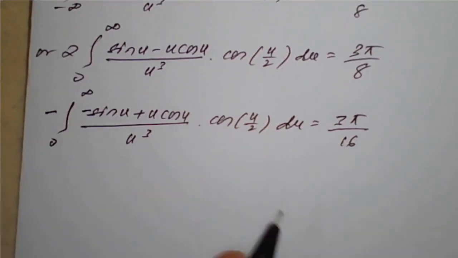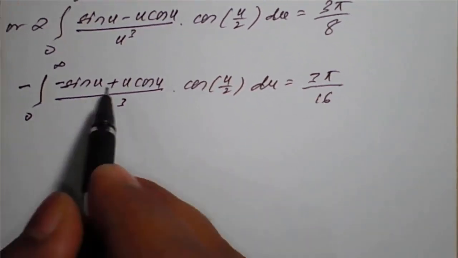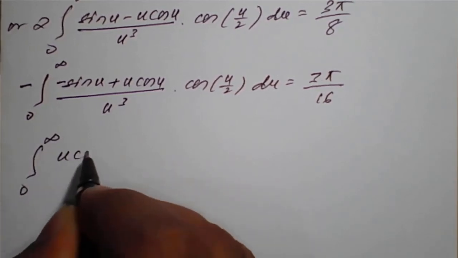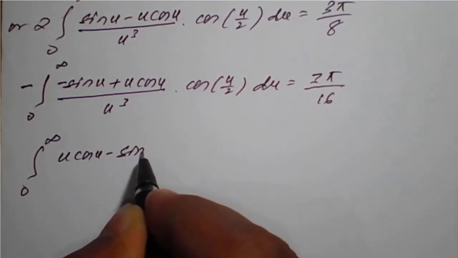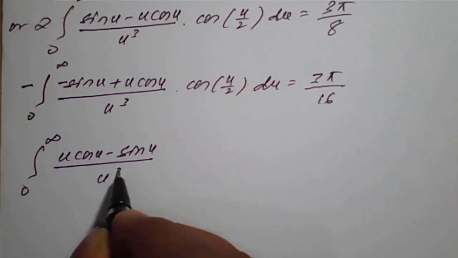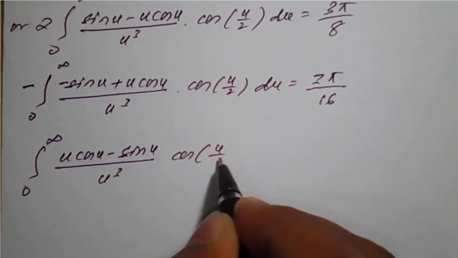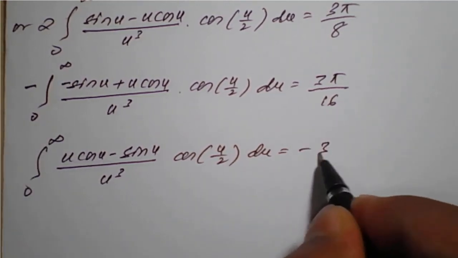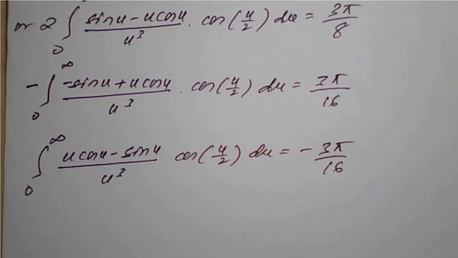Or this minus sign you shift to the right hand side and take the positive term first, that is 0 to infinity u cos u minus sine u divided by u cube into cos of u by 2 into du is equal to minus 3 pi by 16.